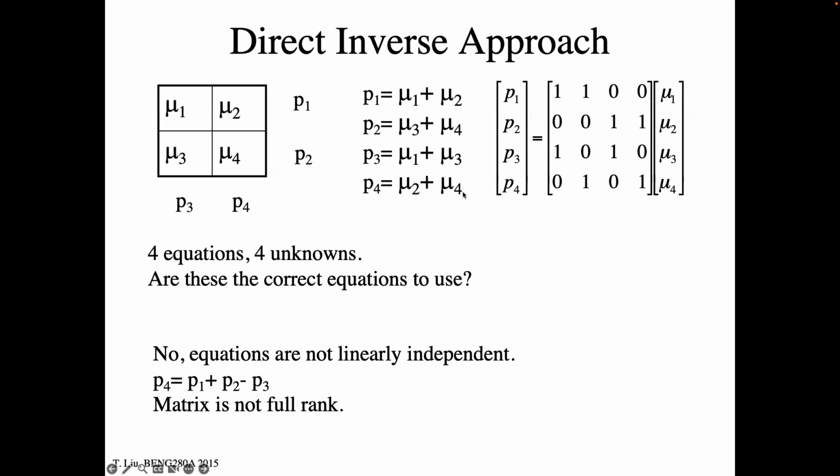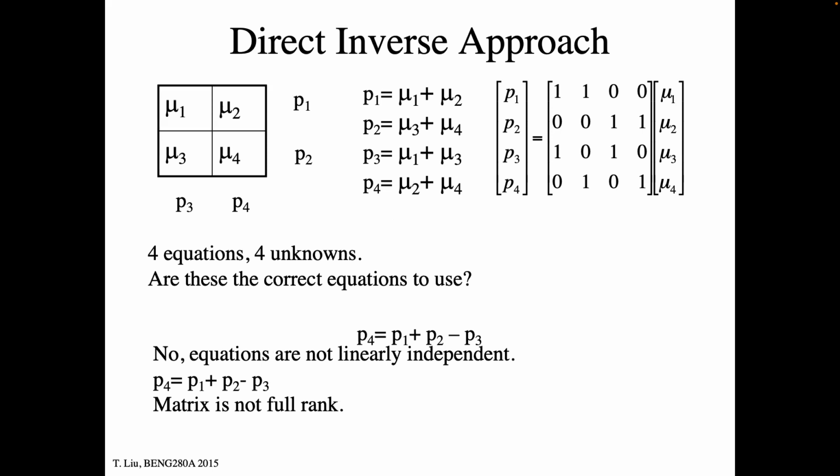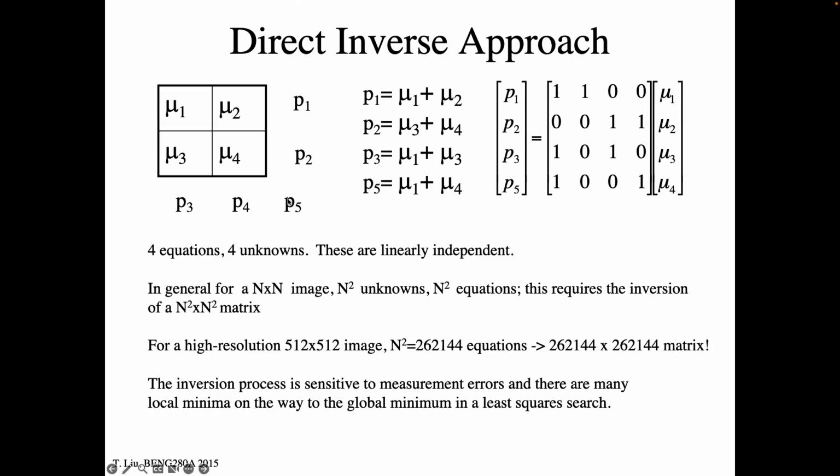So I don't actually have enough information with these two views. What you need is a different view, a P5, that is mu1 plus mu4 here. With that third angle, now I have enough measurements to give me full rank, and I can solve for these mu values.